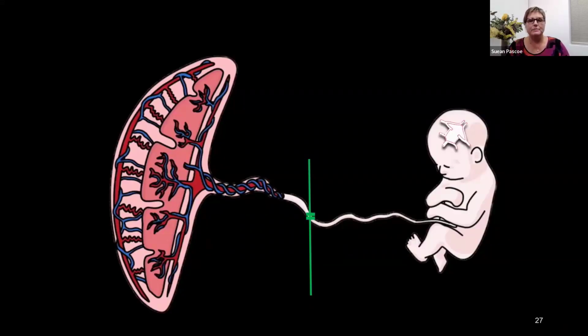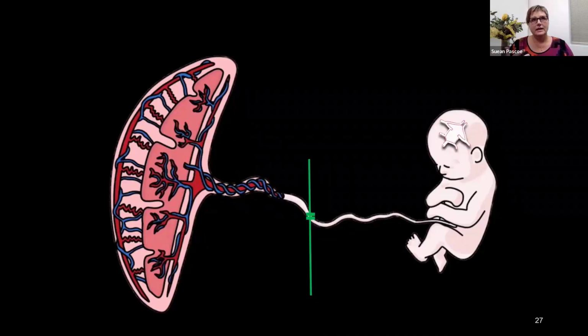The umbilical artery is a big vessel, so we can look at the amount of flow in the diastolic portion of the trace to see, well, is it still getting flow in the diastolic portion? Now, if we look at middle cerebral artery, for example, by the time blood gets through the cord and through the baby and up to the smaller vessels in the head and in the brain, there's a lot more pressure and a lot more resistance to flow because those vessels are getting smaller and smaller.